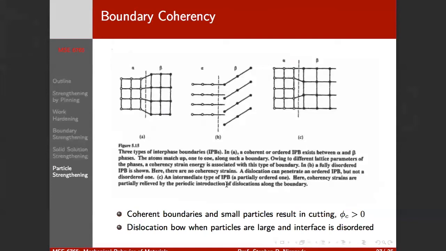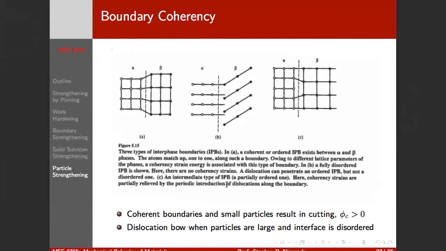If we have an incoherent interface, dislocations are going to come in, and then what? It's hard to move a dislocation through an incoherent interface, just like a grain boundary. Very difficult to move a dislocation through a grain boundary because you don't have any atomic matching through your interface. So this becomes very difficult to cut. This is easier to cut, but you have a strain interaction due to coherency strains.